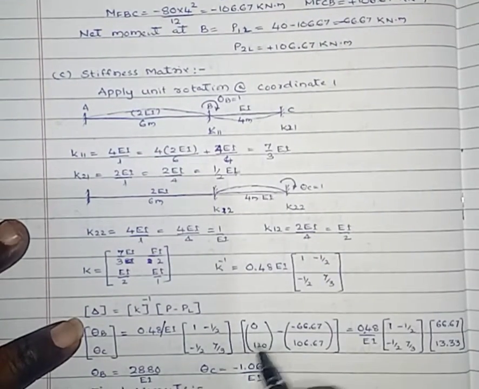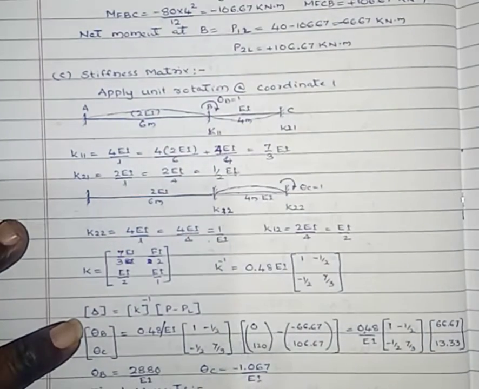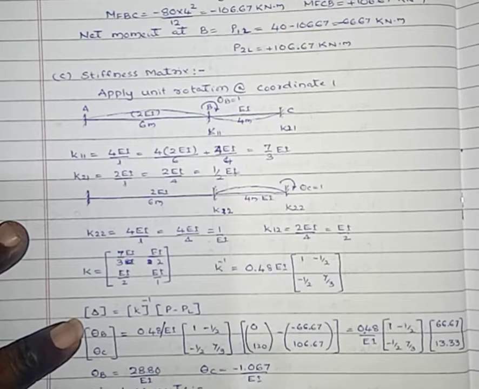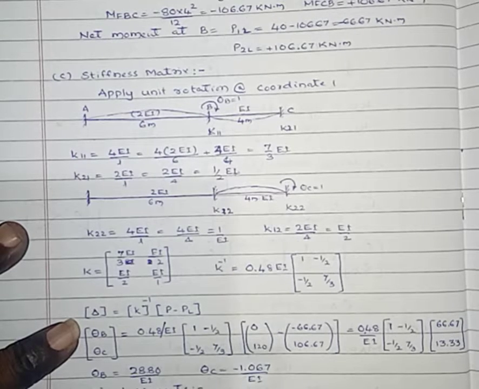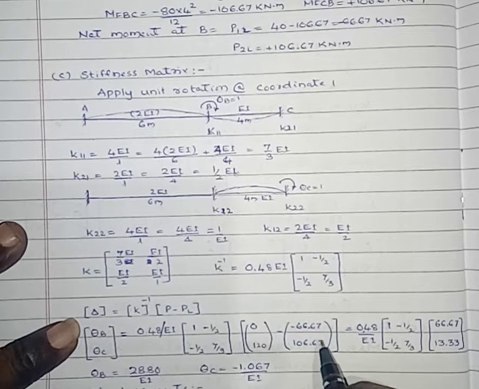That is, at coordinate 1 at B no loads are applied, that is 0. But at 2 we have converted that overhang into actual moment. That is, actual moment is in clockwise direction, that is 120 minus the load due to the fixed end moments at coordinates 1 and 2.